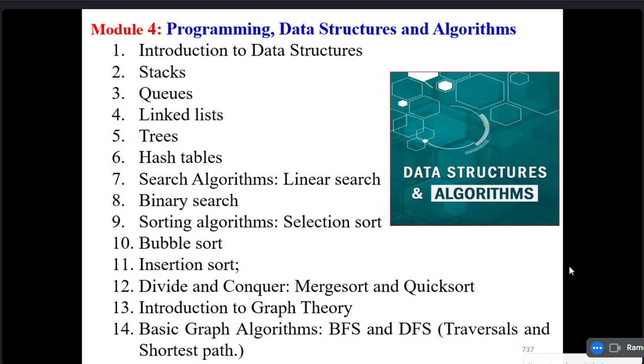Then merge sort and quick sort come under the divide and conquer approach. I have already explained the 4 types of approaches of data structures: divide and conquer approach, greedy approach, dynamic programming, branch and bound.